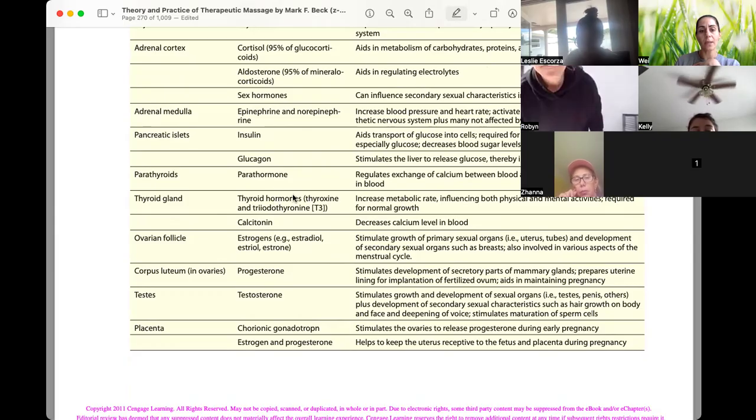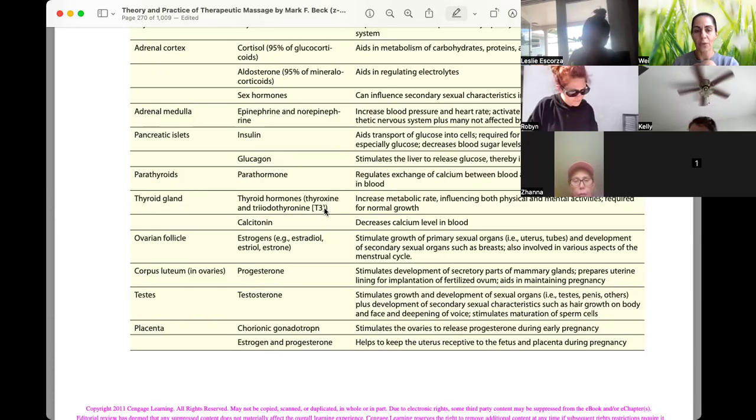The hormone in the thyroid gland is going to be thyroxine and or T3, triiodothyronine, if you can get that mouthful. Usually they just call it T3. It increases metabolic rate, influences both physical and mental activities, and is required for growth.